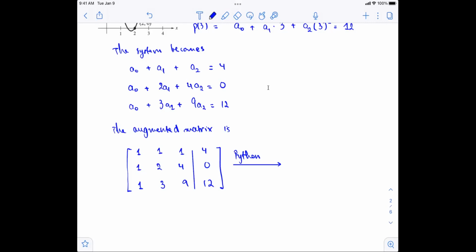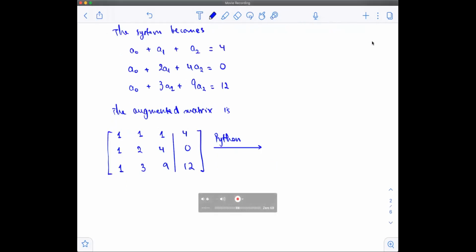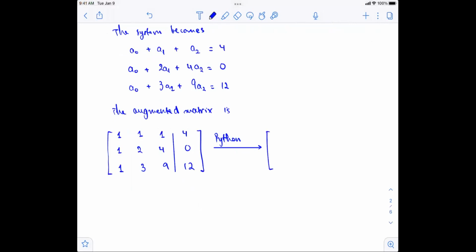Now let's go back to the notes. All right, so from Python, we obtained the reduced row echelon form of the augmented matrix of the form 1, 0, 0, and then 24, and 0, 1, 0, negative 28, and 0, 0, 1, and this is positive 8.